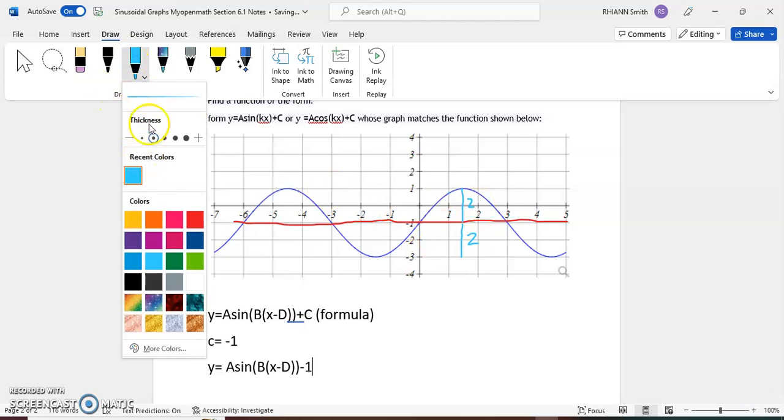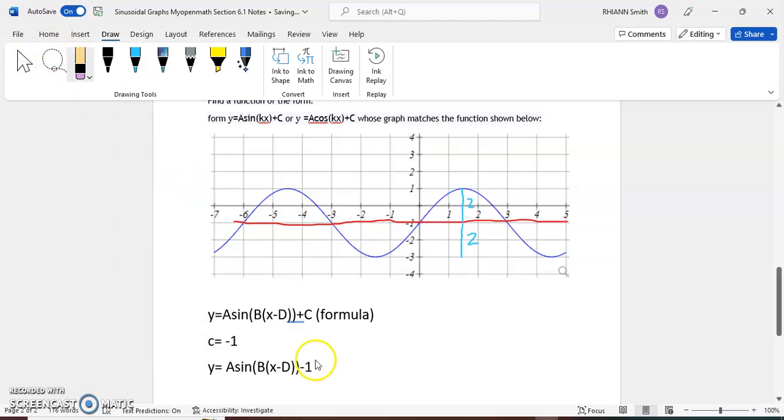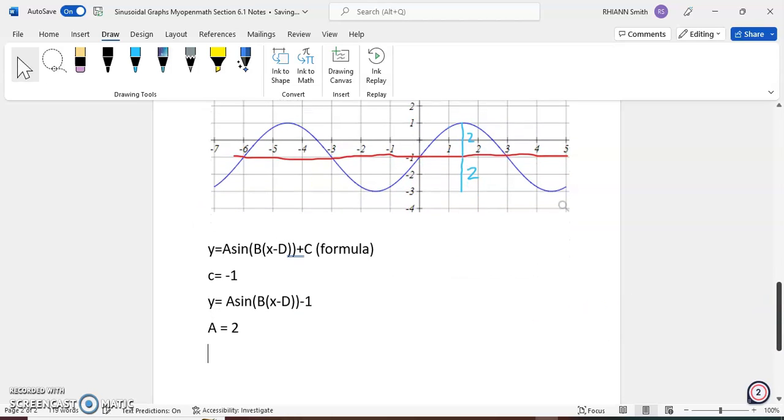So this confirms that our amplitude A is equal to 2. Now your formula should look something like this so far.